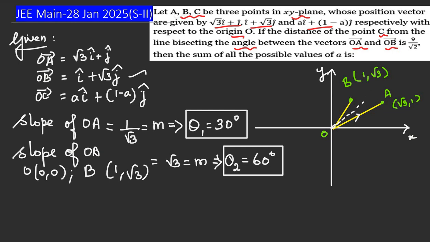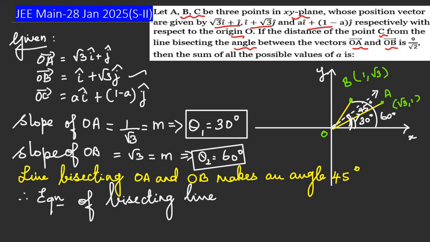A makes an angle of 30 degrees, B makes an angle of 60 degrees. Therefore, what is the angle of the bisector here? The angle bisector will be 45 degrees. The line bisecting OA and OB will make an angle of 45 degrees.